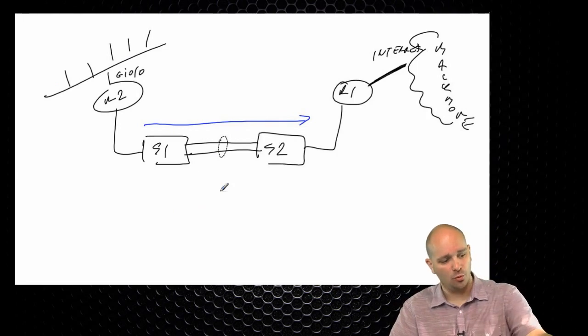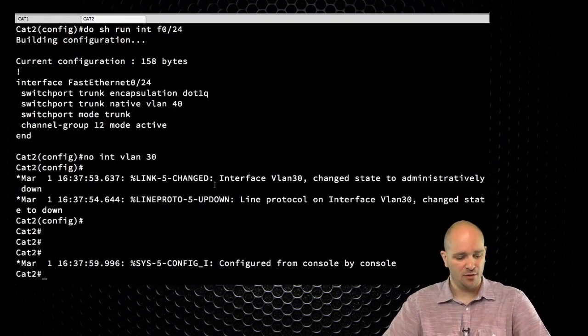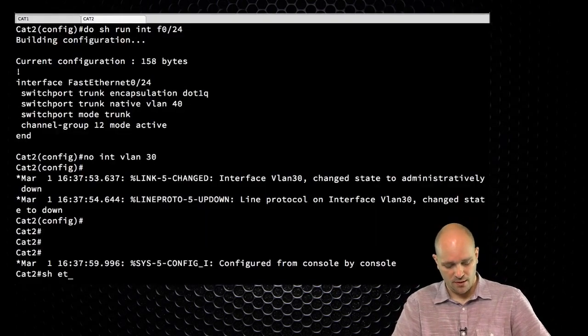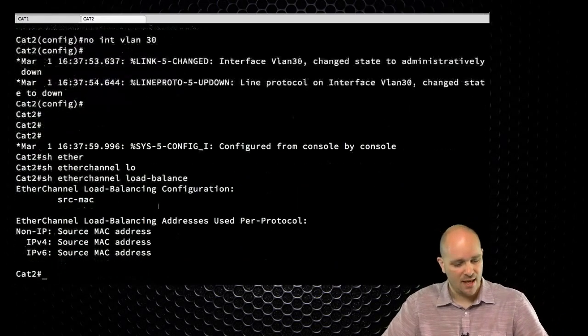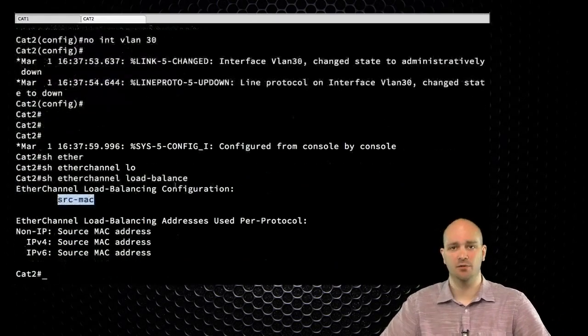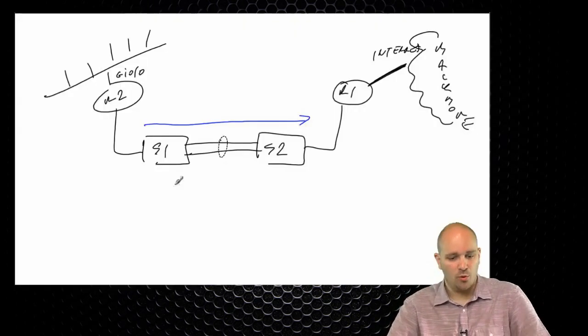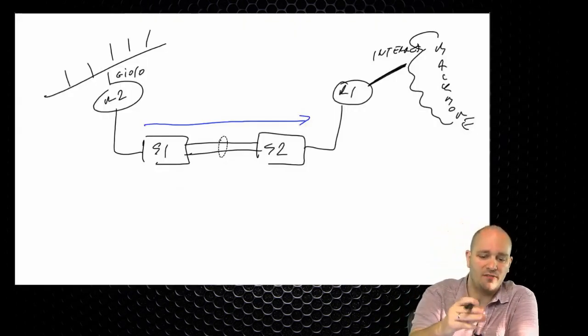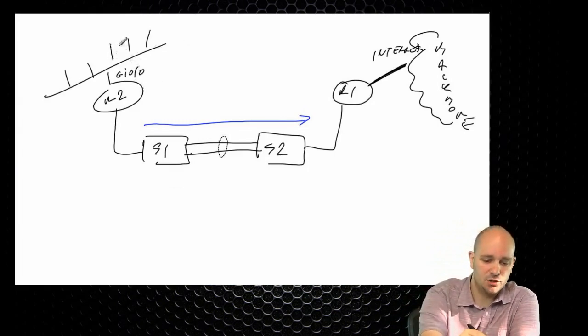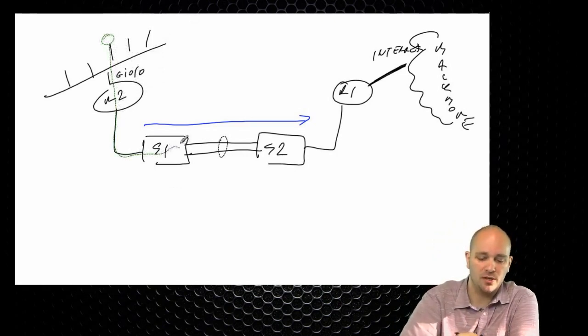Now, if we go back to the terminal, and if I do show etherchannel load-balance, I will see that by default, the load balancing mechanism is the source MAC address. So when traffic from these hosts is sent, let's say a host here sends the traffic, it arrives at the switch and comes to the ether channel.